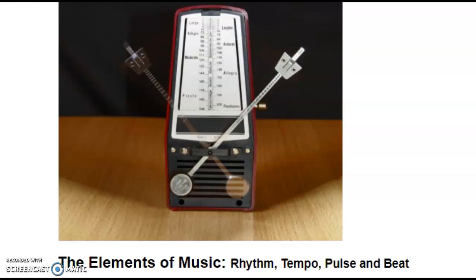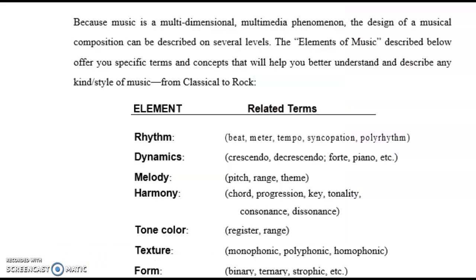We will start today with the elements of music, and we will have a look at rhythm, tempo, pulse, and beat. Now, it's very difficult to explain what music is. And the design of a musical composition can be described on several levels.